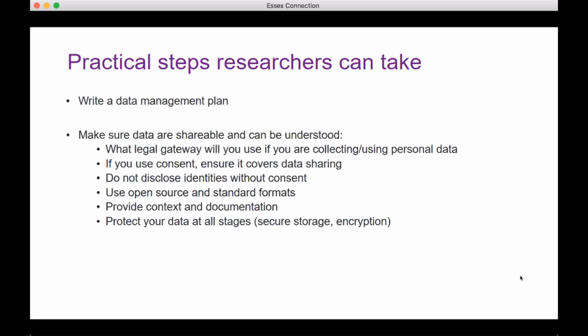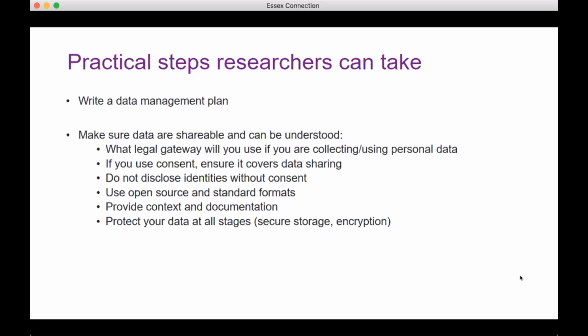Also very important is that the data can be shared with others and understood at the point of using it. So therefore, consent is essential for being able to share that data if consent is chosen as the processing ground under the latest data protection legislation.